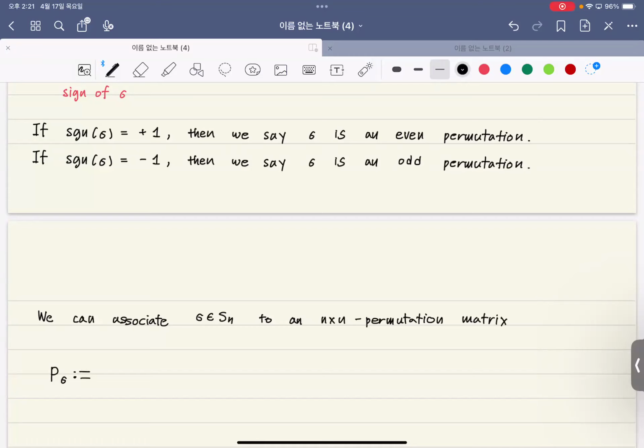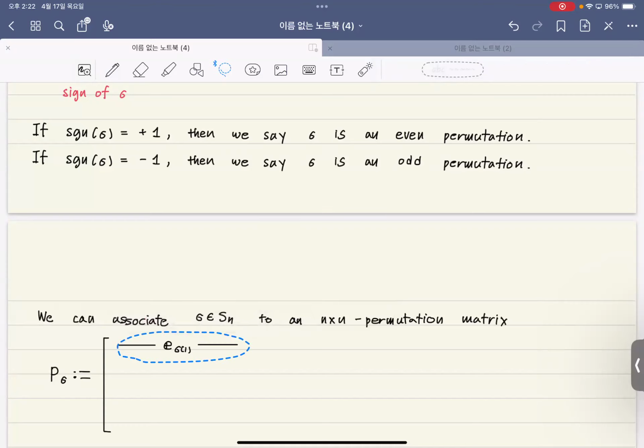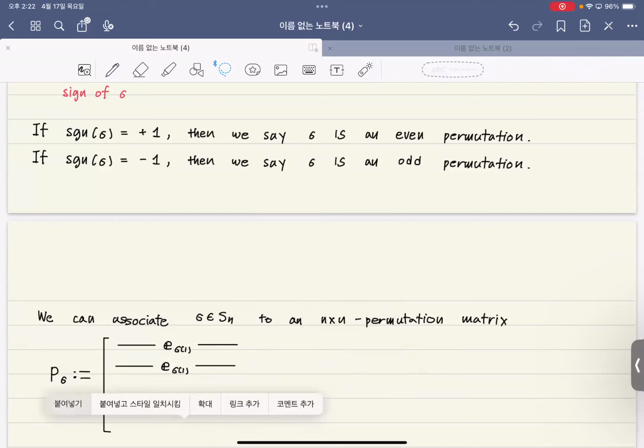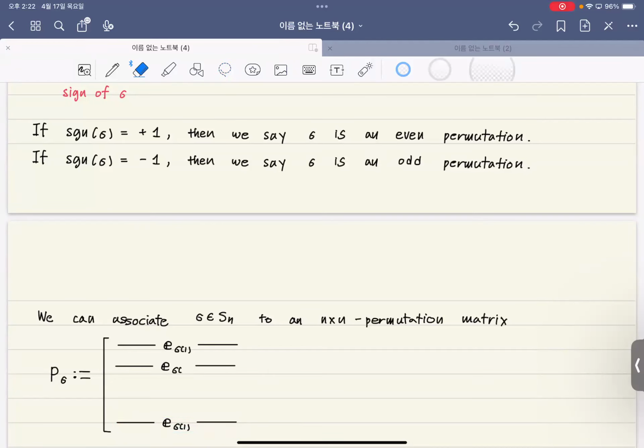And this matrix is defined like this: the columns are e of sigma 1, e of sigma 2, up to e of sigma n.